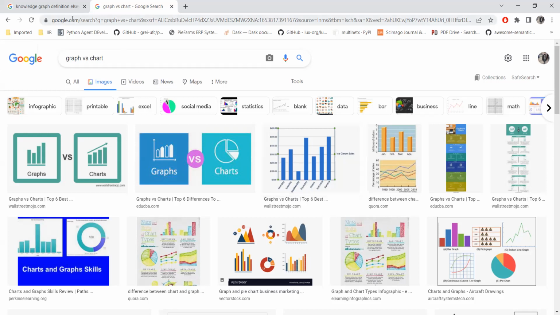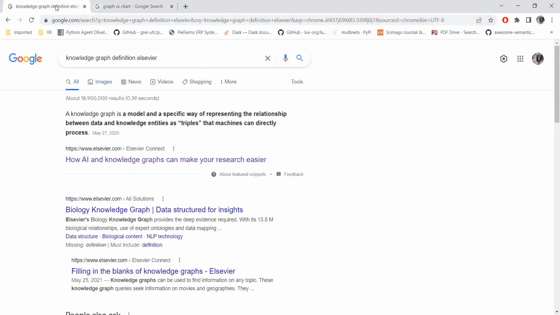And when these entities or these inherent relationships belong to real world scenarios or real world data, then they are known as knowledge graphs. This is the simplest way I can explain the term knowledge graph, because there is no gold standard definition till now. Till date, there is no gold standard definition of knowledge graphs.